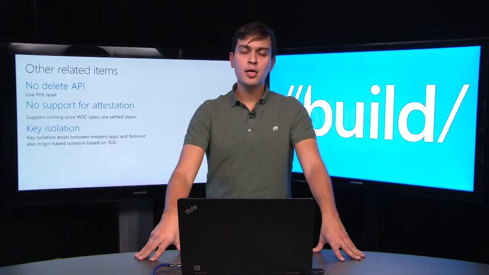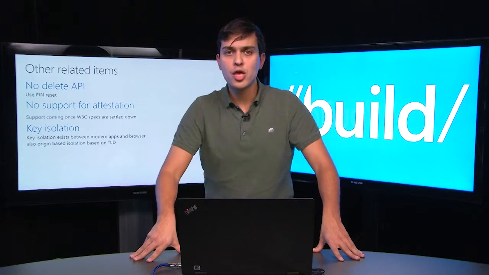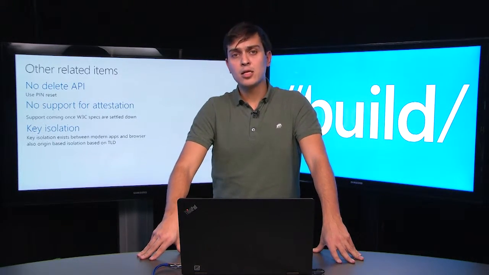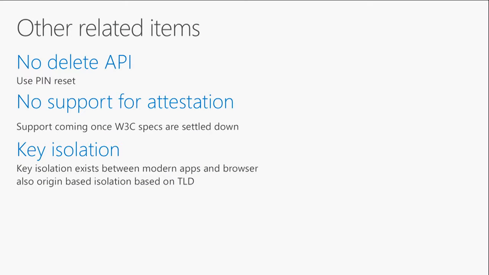There's no delete API with the new web APIs, and the idea there is that you can always override the keys, and the user can simply go and delete their PIN, and as part of deleting their PIN in Windows Hello, they can delete their keys.